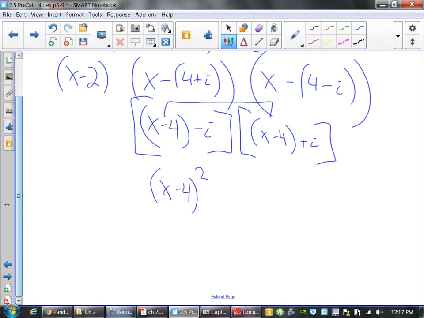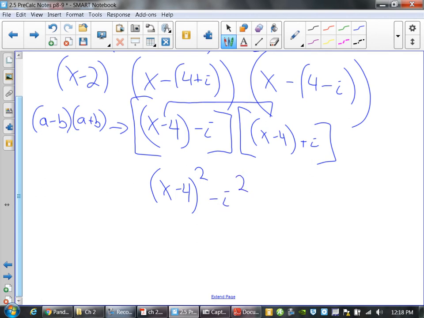The middle terms would be the quantity x minus 4 times i minus x minus 4 times i. The middle terms would drop out because this is nothing more than a really, really ugly version of a minus b, a plus b. So you just wind up with the difference of squares. So you get minus i squared at the end.